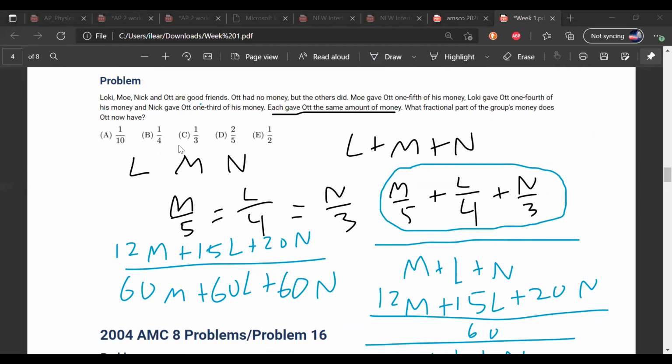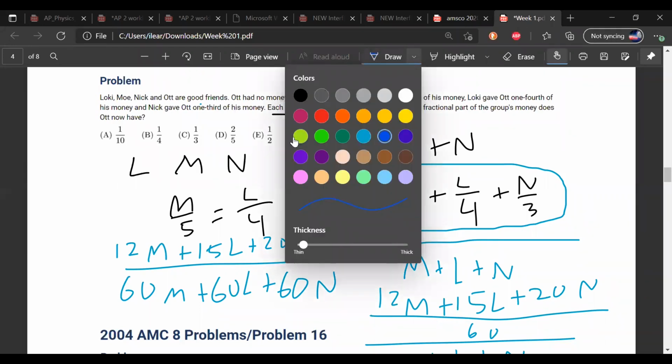So now we have this, right? But we can't really simplify this. This is where we get our handy dandy ratio from before, where we have 12M equal to 15L equal to 20N. What if we write everything in terms of M? Here we just get M. Let me change color once again, so it's distinguishable.